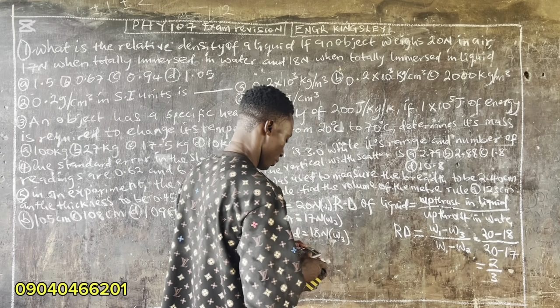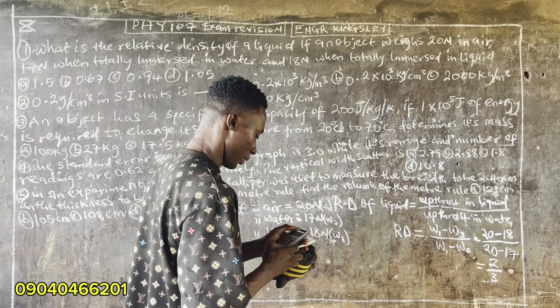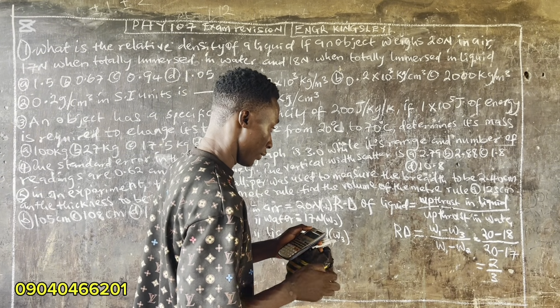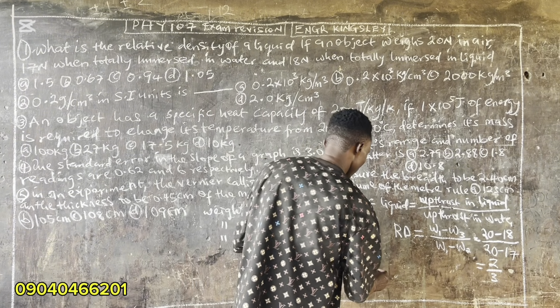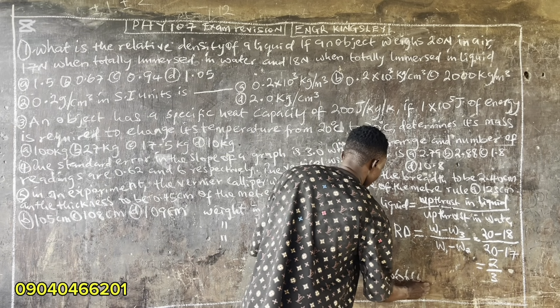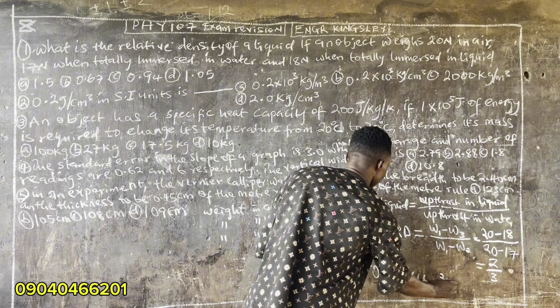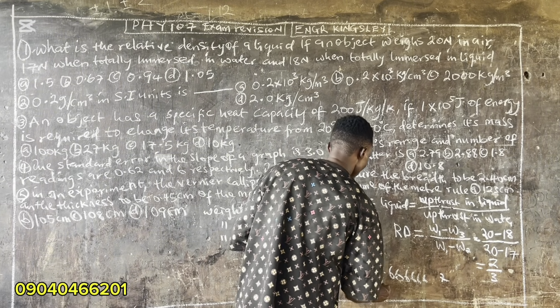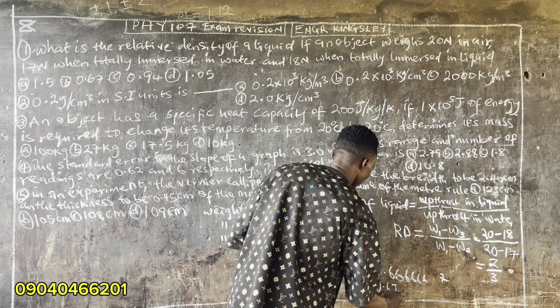So 2 divided by 3 will give us 0.6666, approximately 0.67.